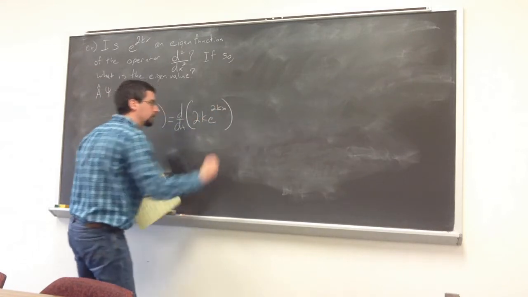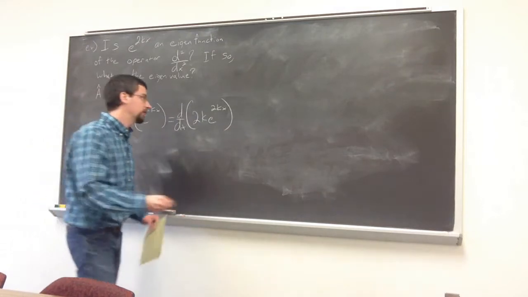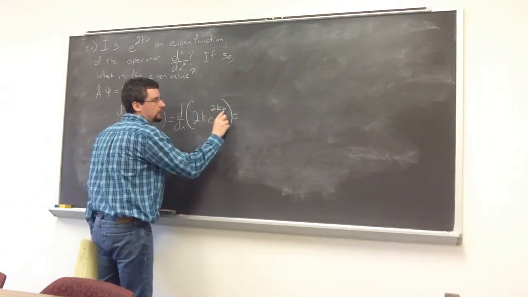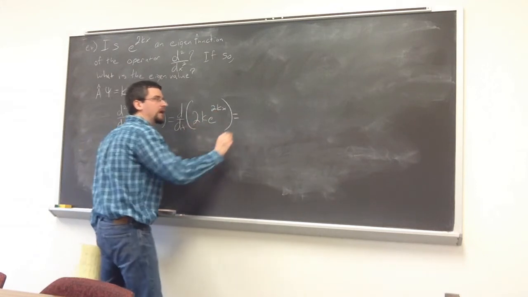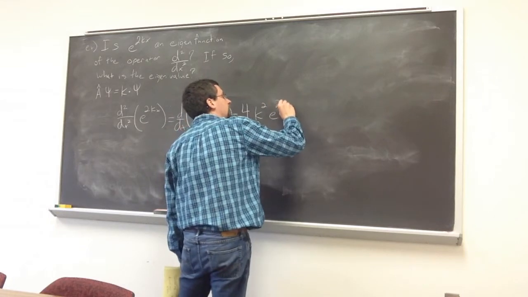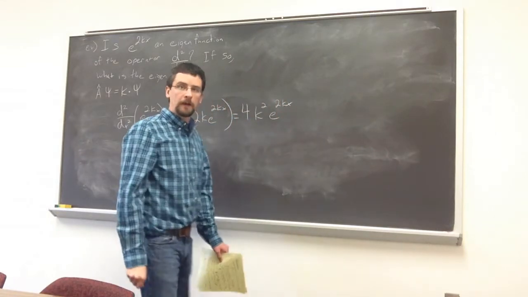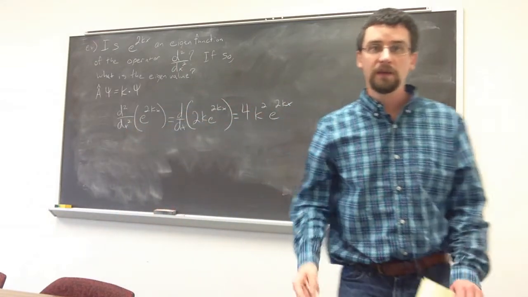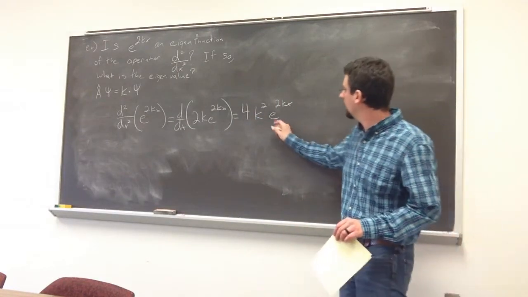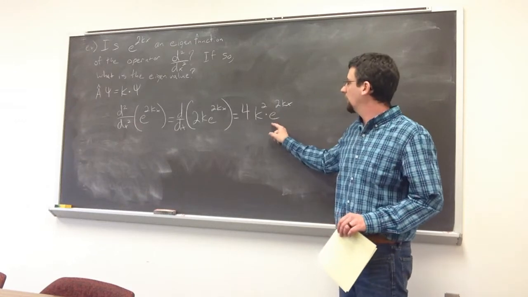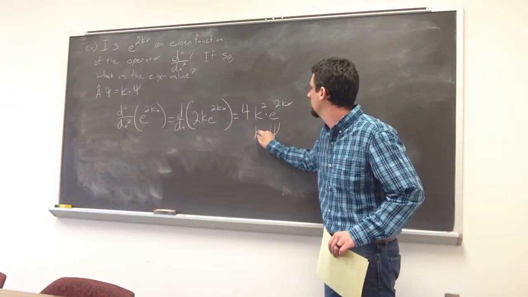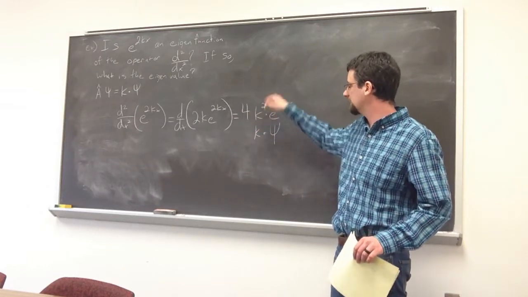Now we have to do a second derivative on top of this. Doing that again, we end up getting 2k times 2k, so 4k squared e to the 2kx. Now we have to determine if this is actually an eigenfunction of that operator. We still have our original function, that's our psi, times our constant, 4k squared.